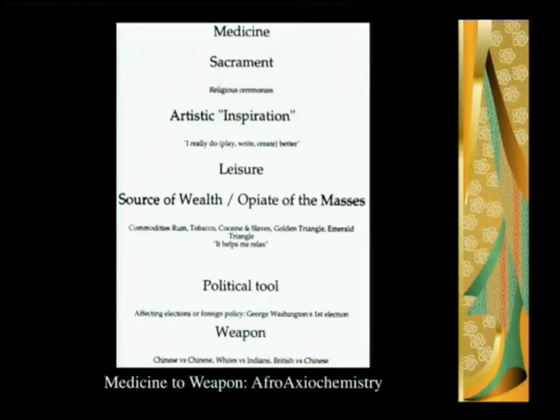And so observing the uses of drug substances, so 1, 2, 3, 4, 5, 6, 7 uses of drug substances, from medicine, sacrament, artistic inspiration, leisure. So most substances start out as medicine.